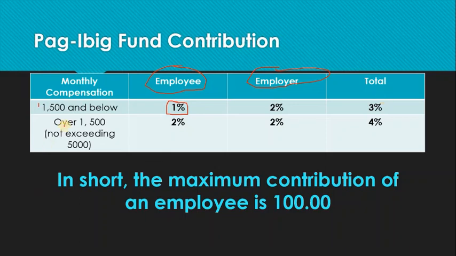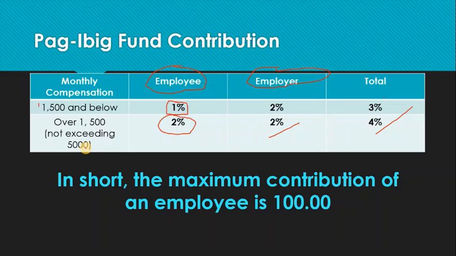If your salary is over 1,500, you are obliged as a worker to pay 2% of your monthly salary as your Pag-IBIG fund contribution, and the other 2% is for your employer, a total of 4%. So 50-50. But it is not always 2% of your monthly income, because in Pag-IBIG fund, that is for over 1,500, not exceeding 5,000.